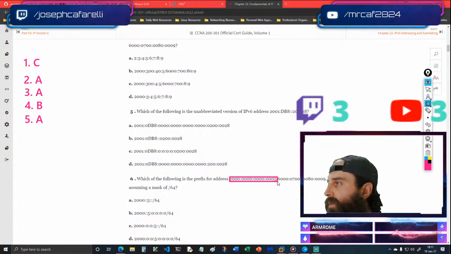If it had the subnet mask of 64, it's pretty much saying that this right here is the actual network.